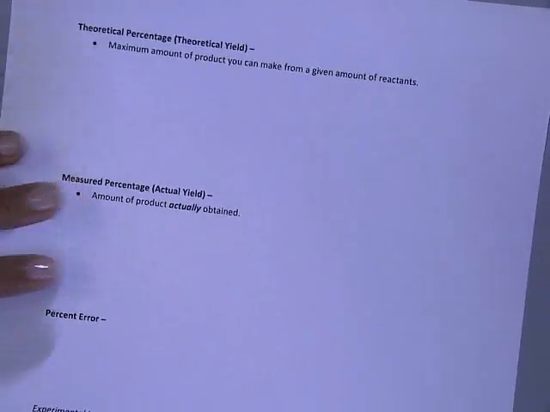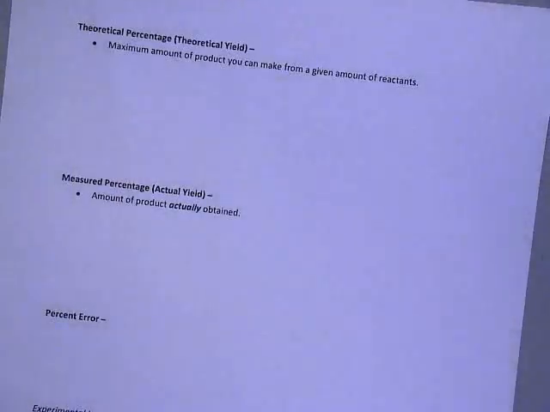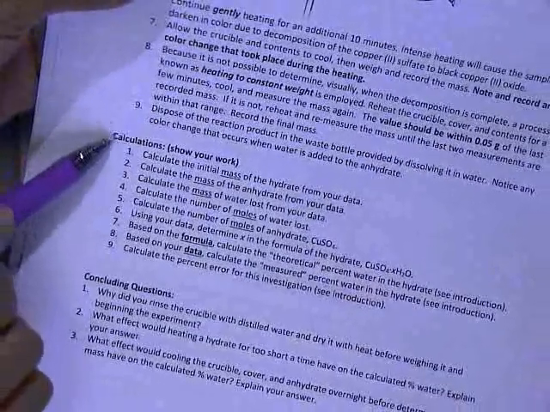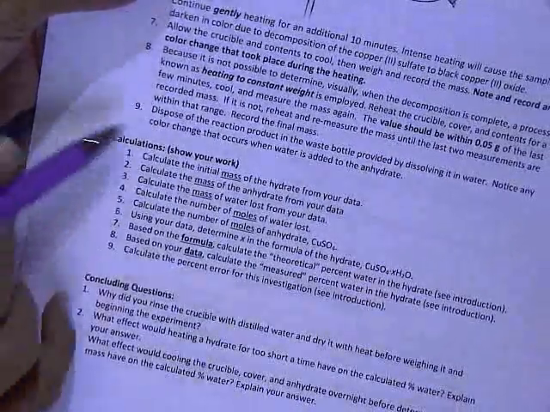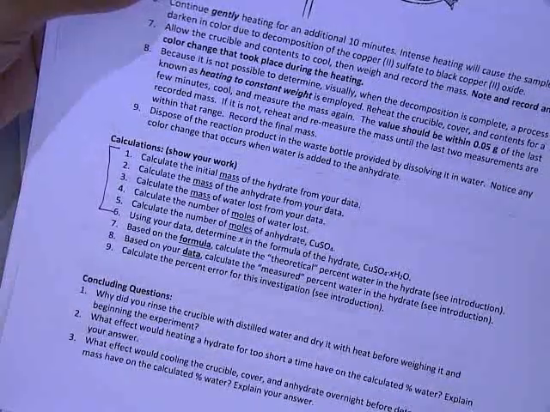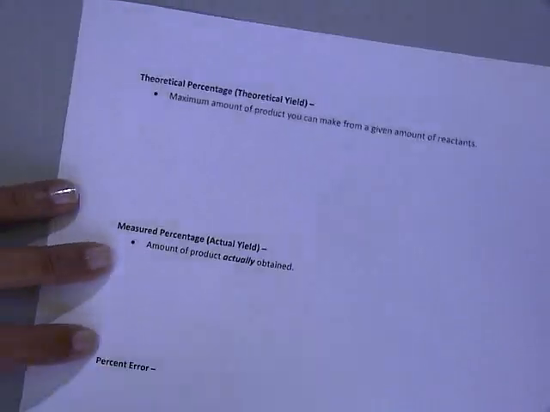If you go into your lab manual on page 35, these are all the calculations. You'll be graded on these calculations. What I've just gone through is the first 6 steps of the calculations. Now let's go through steps 7 through 9 using the same example from our pre-lab lecture.